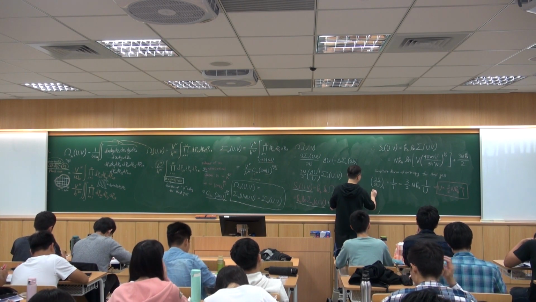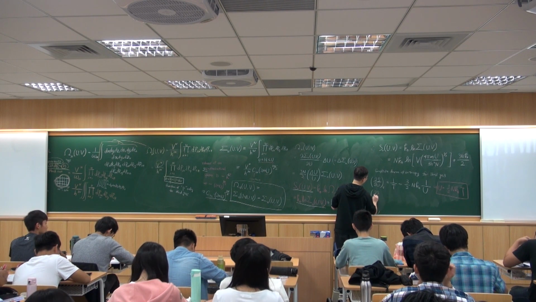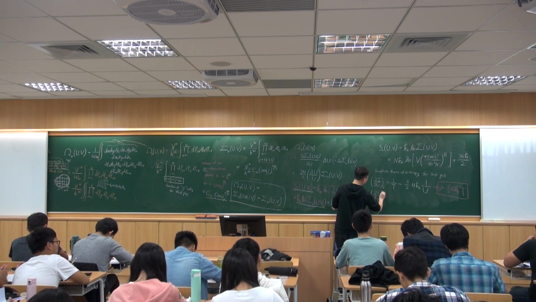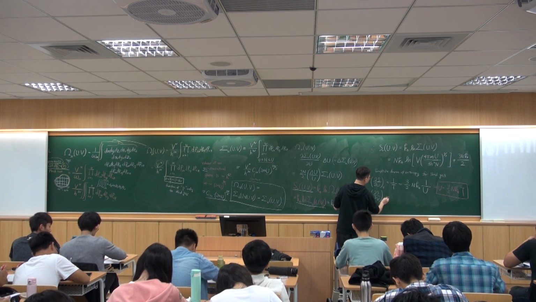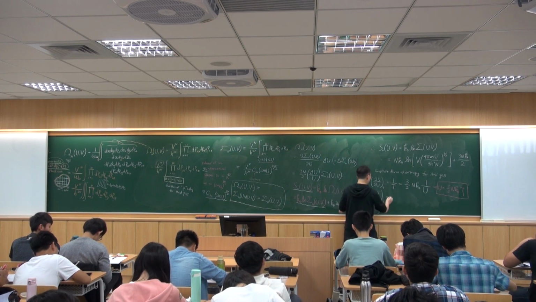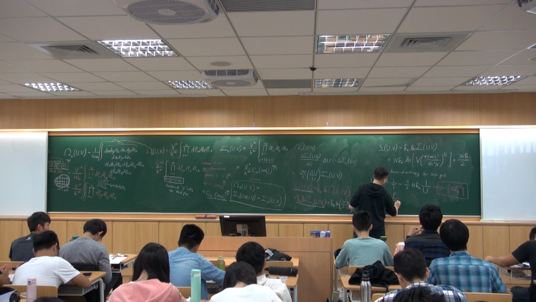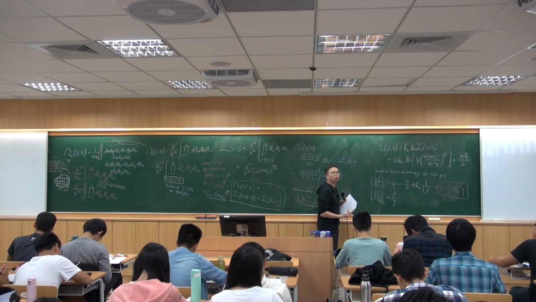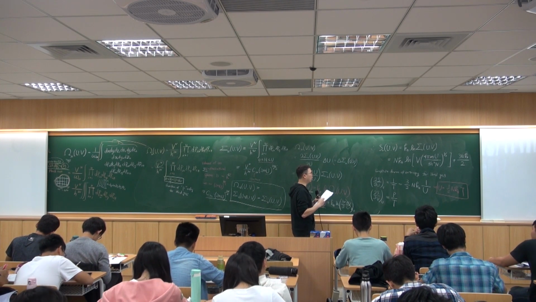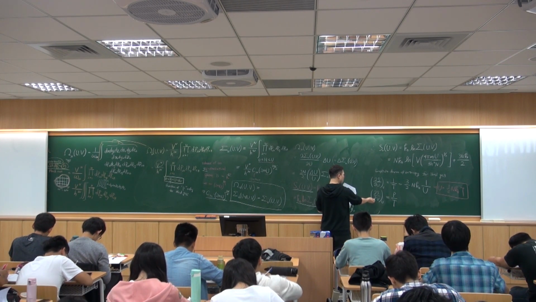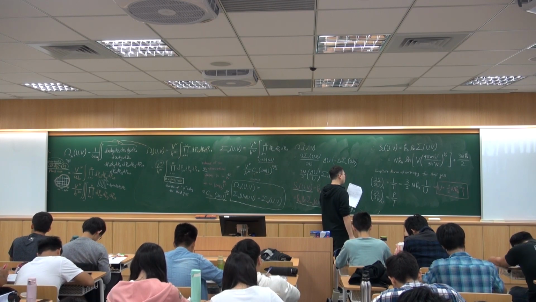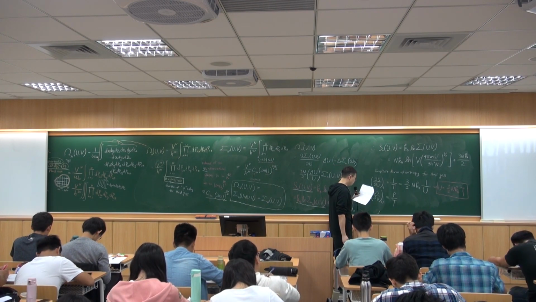On the other hand, you have partial S, partial V at a fixed internal energy being P over T. This is also from chapter 3, when we talked about some partial differential relations for entropy.